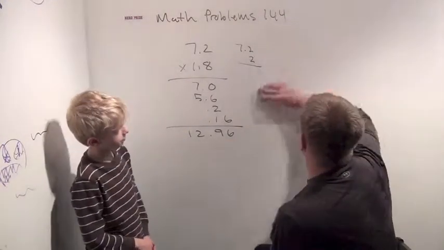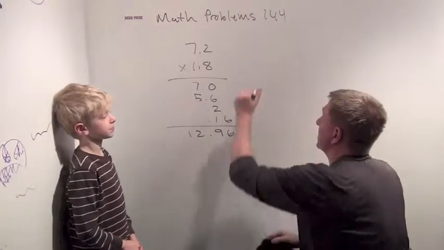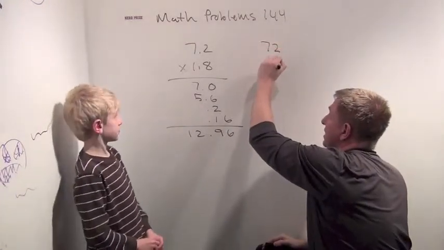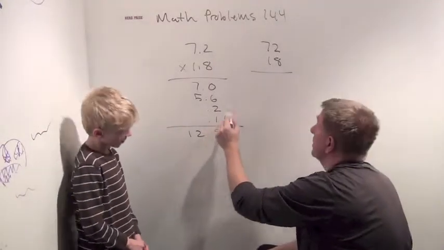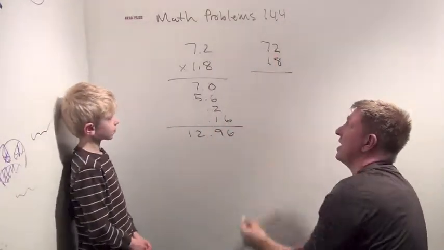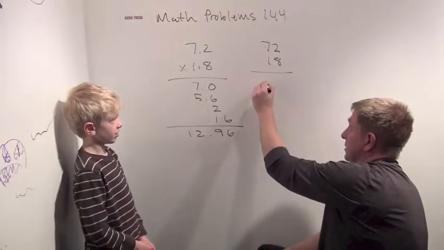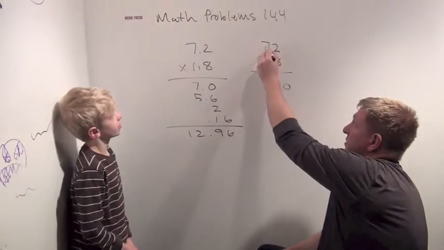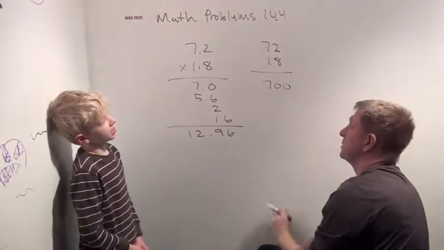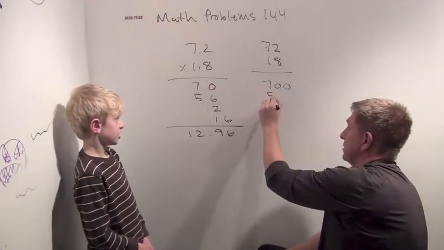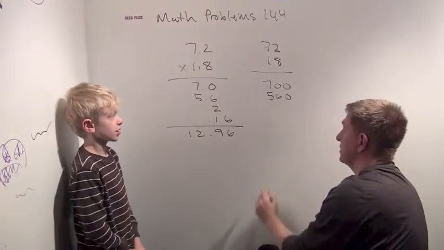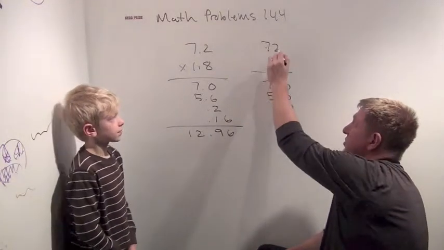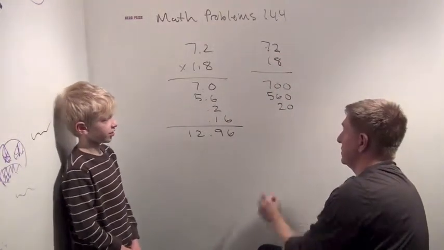And the other way we could do it is just do the multiplication like it was 72 times 18 and not worry about if we got the decimals right. Okay? So we do 70 times 10, which is 700. 70 times 8 is 560. 2 times 10 is 20, and 2 times 8 is 16.